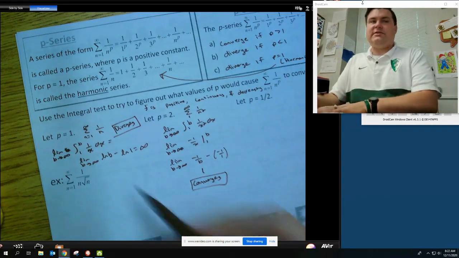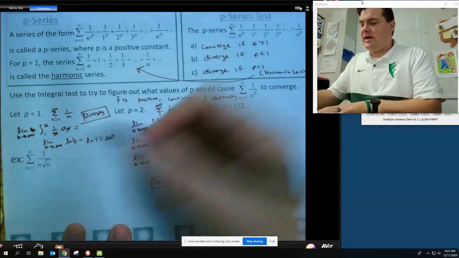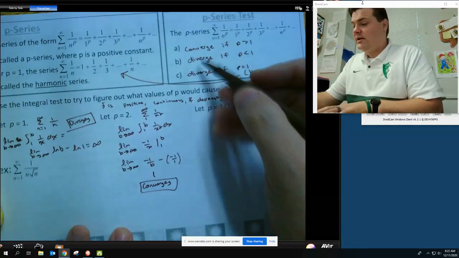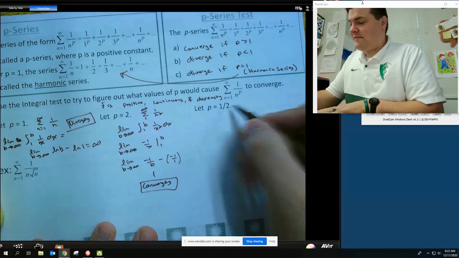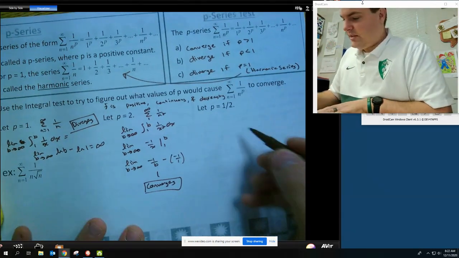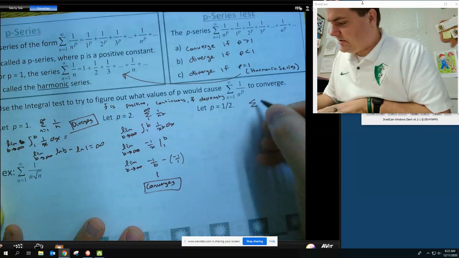So this one will converge by the integral test. Again, I'm not doing anything too formal here. I'm just trying to show you that this works for the p-series. When p is 1, it diverges; when p is 2, it converges. Now p is 1/2. That should diverge.